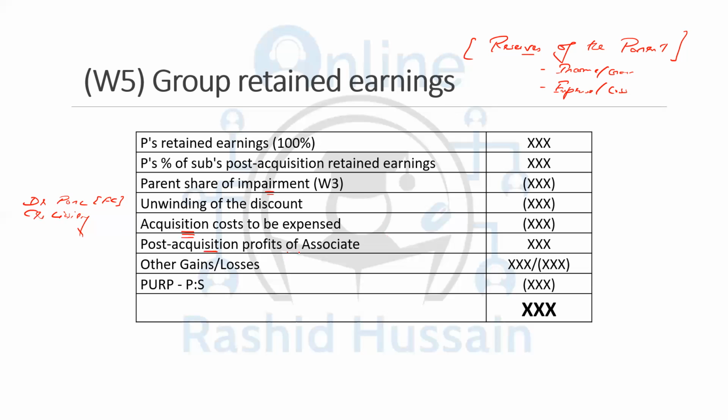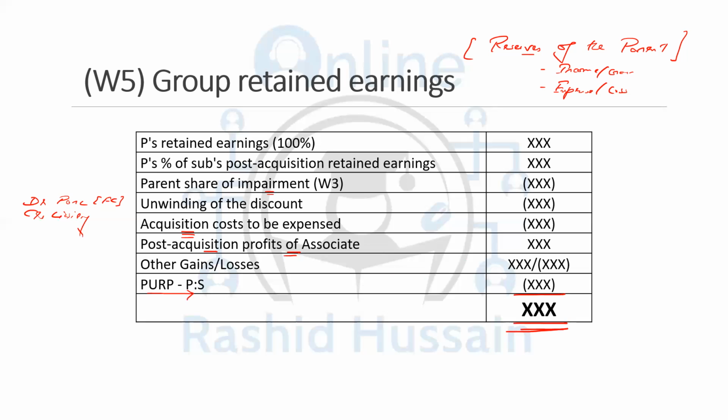Post-acquisition profit of the associate: we have already discussed that with the 20 to 50% holding, if there's any profit from that, it belongs to the parent. Then we have other gains and losses belonging to the parent. And if the parent has sold goods to the subsidiary at a profit, and that profit is still in the stock, then you need to deduct this unrealized profit from here. This is the group retained earnings, which is recorded in the consolidated statement of financial position.